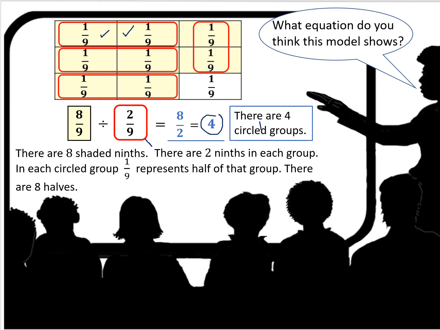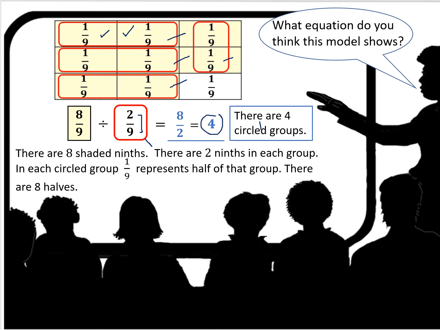So if each group has 2/9, it's going to be 8/9 divided by 2/9. How many groups of 2/9 are there in 8/9? Well, there are 4. 1, 2, 3, 4.